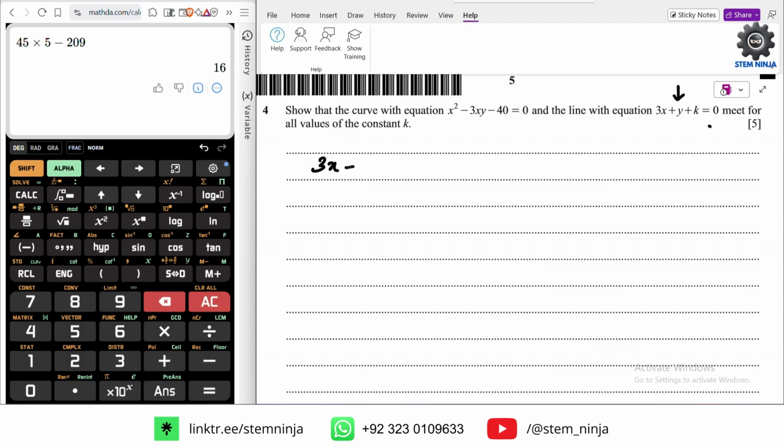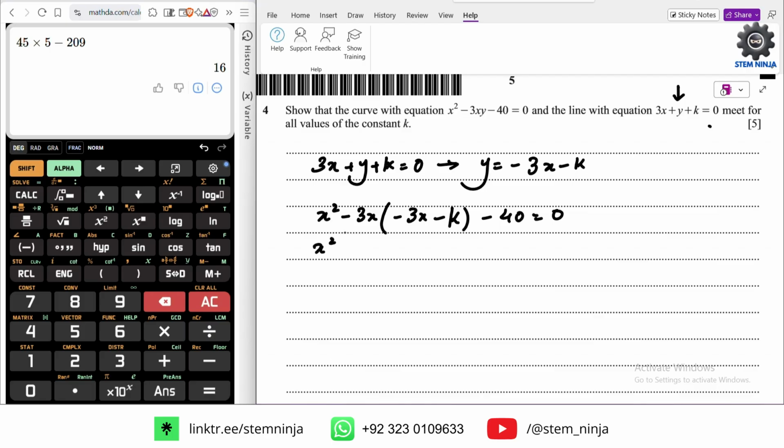So 3x plus y plus k equal to 0, so therefore y becomes minus 3x minus k, so therefore plugging in the other one.